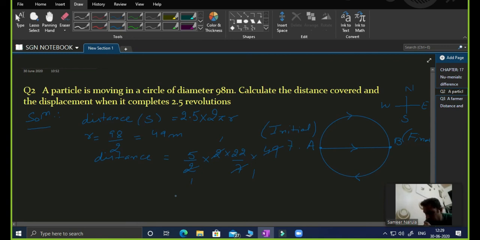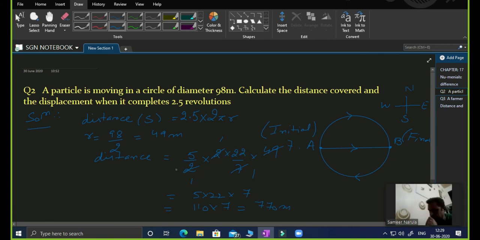Now we have nothing else than 5 multiplied by 22 multiplied by 7, which equals 110 multiplied by 7, which equals 770 meter. So this is the calculation for the distance.